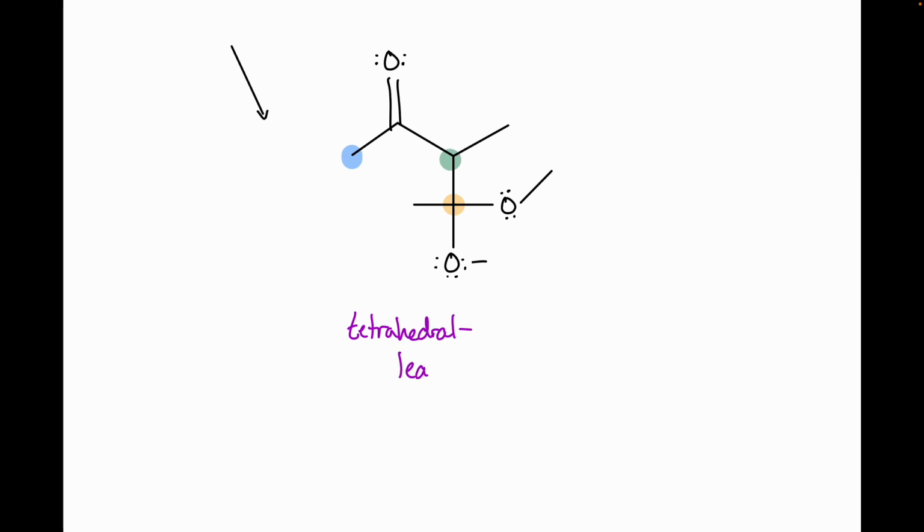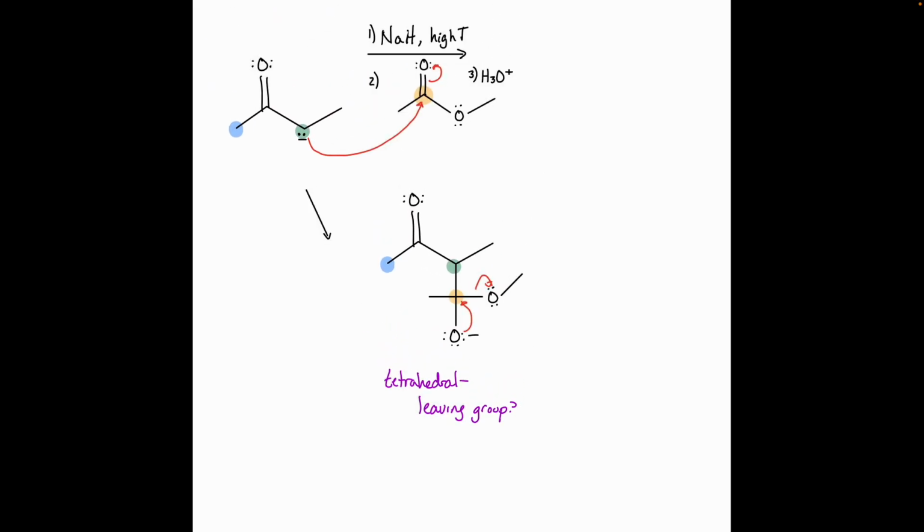Do we have a leaving group? Would it technically be the ester? Exactly, that oxygen. So now this pair of electrons can come back down and kick off that methoxy group. So remember, at the end of our Claisen reactions, we don't have a carbonyl group and an alcohol.